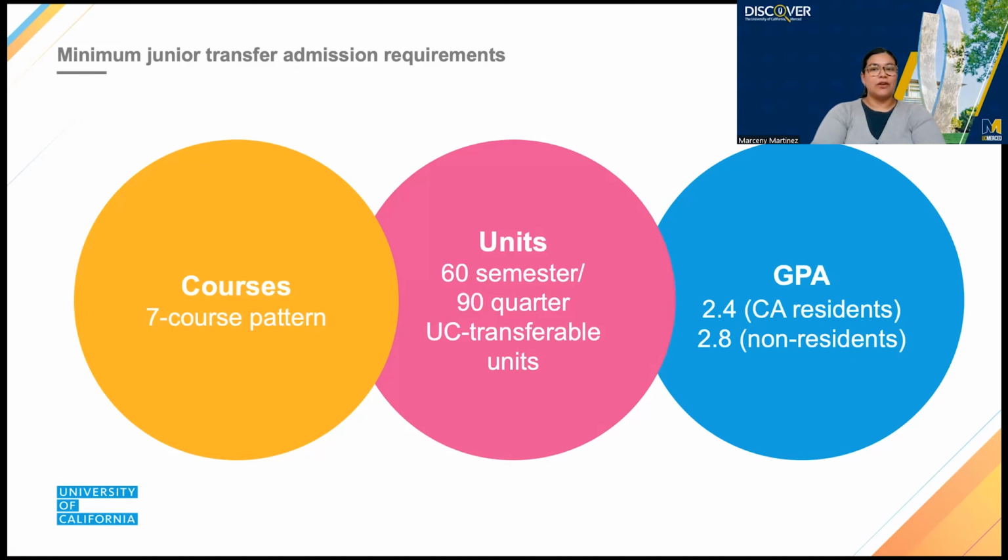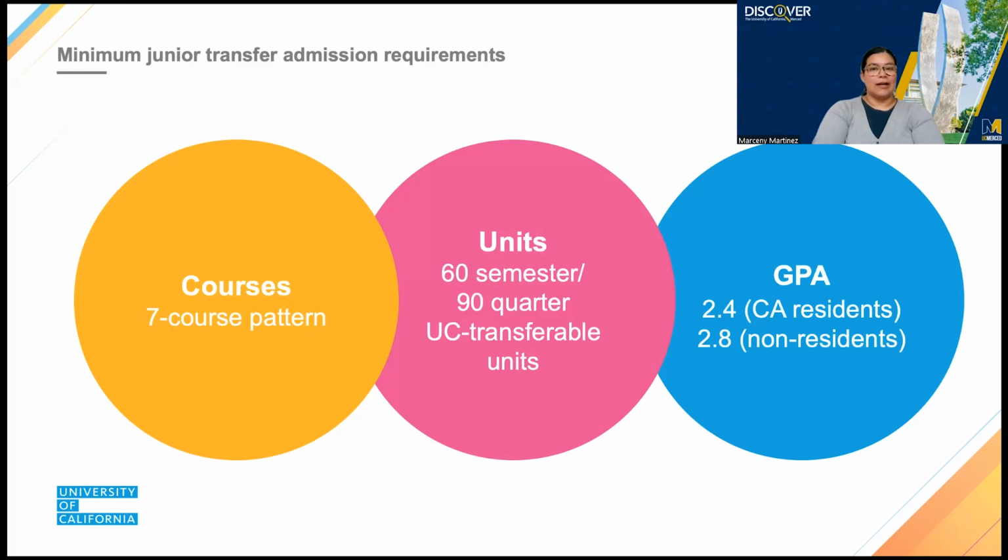UC will first review your courses to verify that you are meeting the 7-course pattern, and we will go into detail in the next slide, but know that these 7 courses are required. However, in order to meet the unit requirement, you'll need more than these 7 courses. The rest of your courses can come from general education courses or from courses that prepare you for your major, or both.